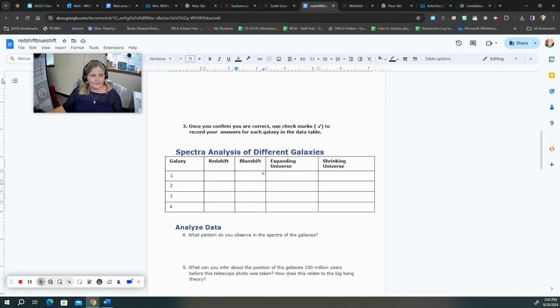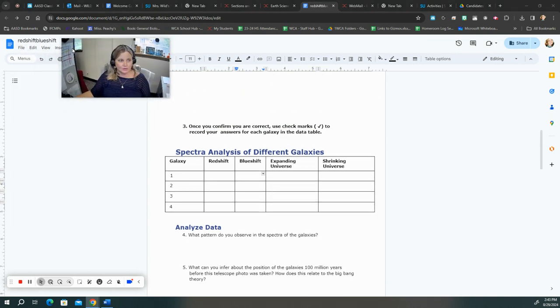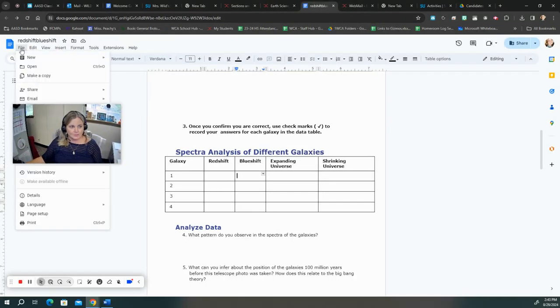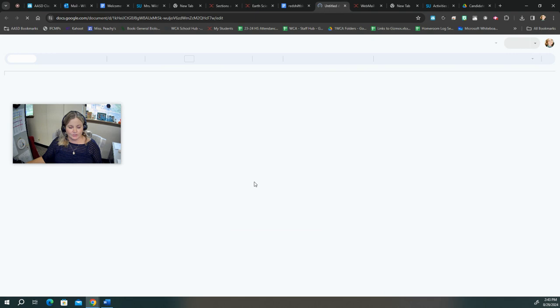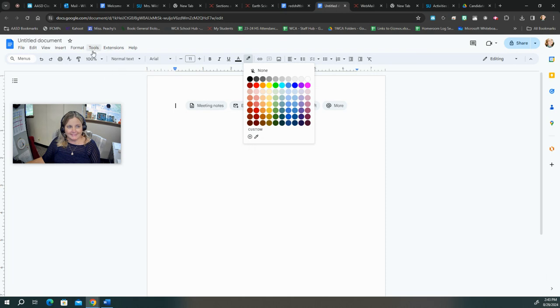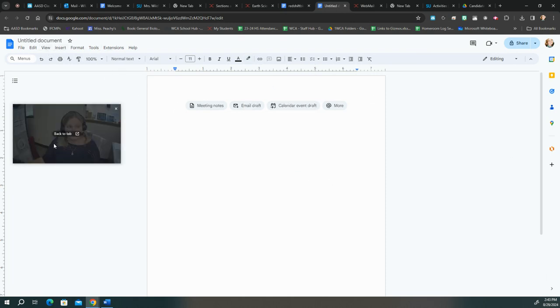I'm trying to think of, let's see, I'll just get you a new document so I can have a blank piece of paper to draw on, right? So if there are stars out there that are moving. Here, let me just draw it on a piece of paper, you guys, because seriously, technology sometimes can be a pain in the butt.